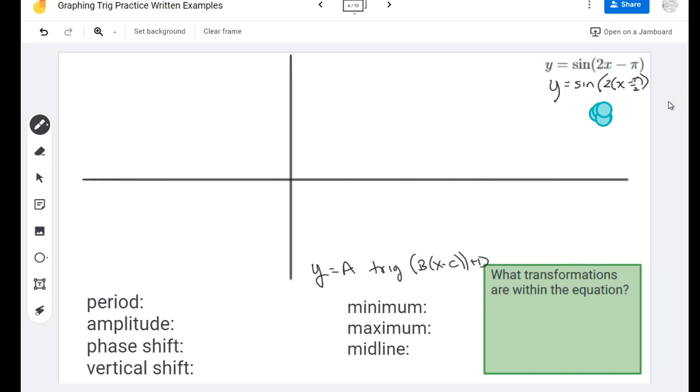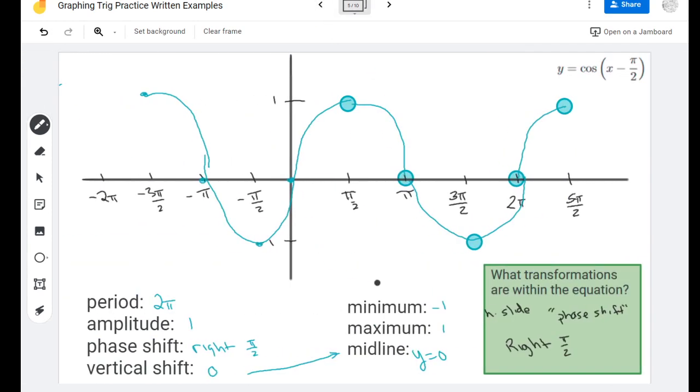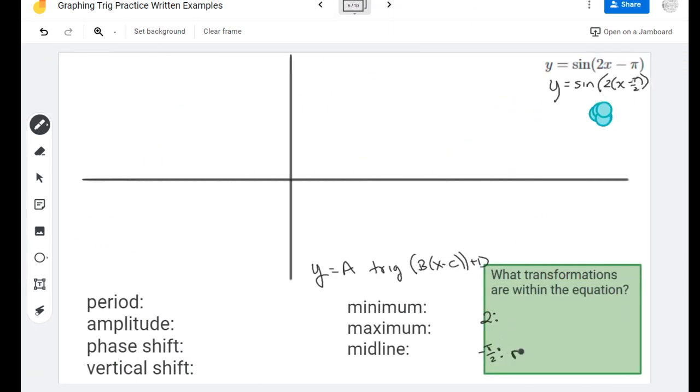And so now you can see that phase shift a little better. So our two expressions that we're identifying transformations are the 2 and the -pi over 2. That's just like our last one, right? The -pi over 2 is going to move us to the right in a phase shift by pi over 2. Heck, if I wanted to, I could write that right down here, right?